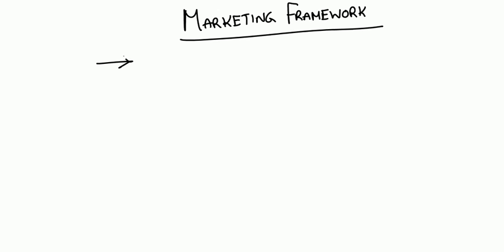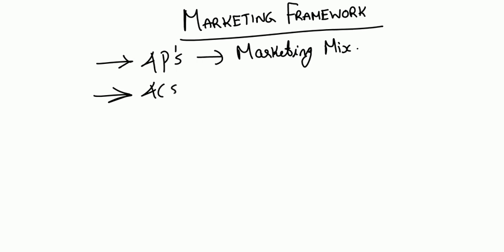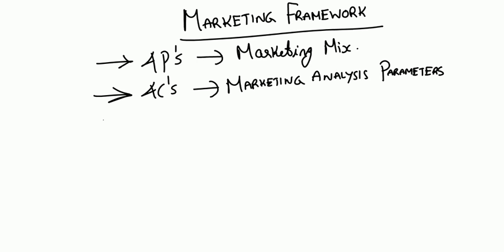The marketing framework basically has some components like the 4 P's, which is also called the marketing mix of products, and 4 C's, which is called the marketing analysis parameters, and then profits, because ultimately profit is the main goal of any company doing any sort of marketing, and that's why profits have been included in this framework.